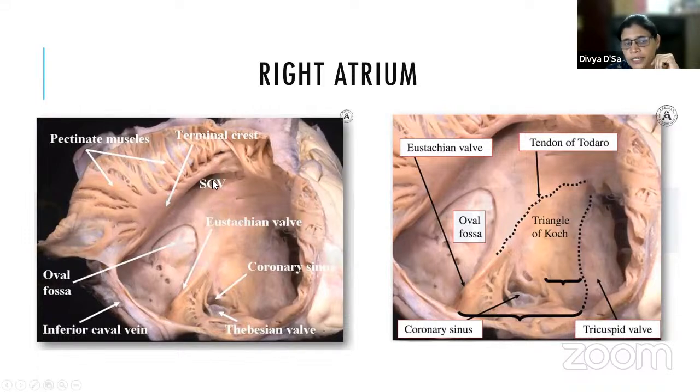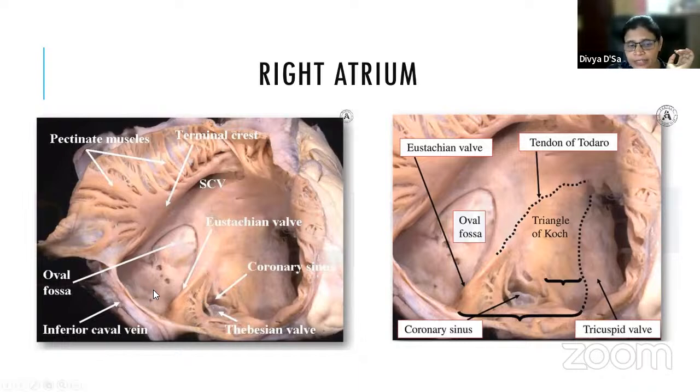The superior vena cava opening doesn't have any valve. The inferior vena cava opening is guarded by the Eustachian valve, and the coronary sinus is guarded by one more valve, the Thebesian valve. These are the features we see in the posterior wall of the right atrium.